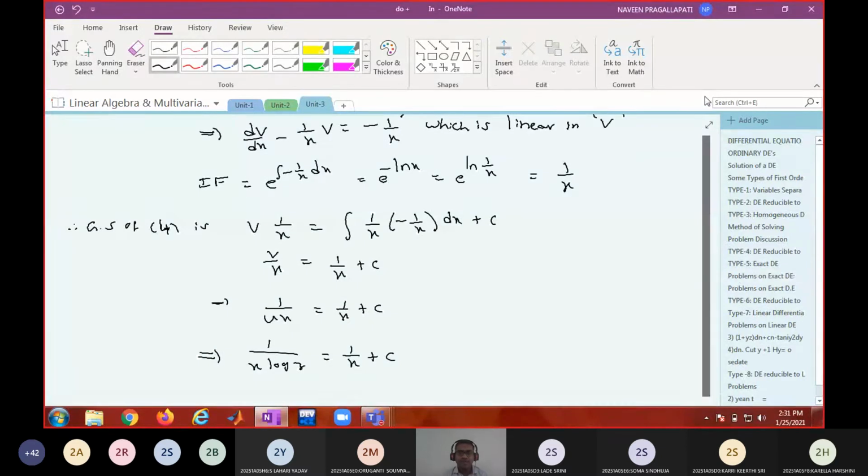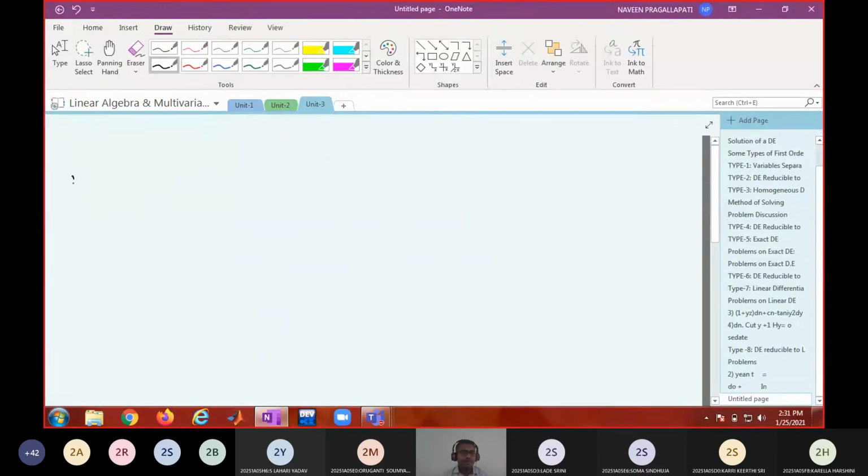Okay. You just take one more problem. y dash plus x sine 2y equal to x cube cos square y. Now tell me what to do.